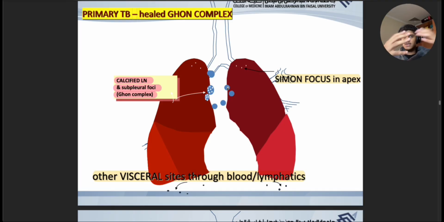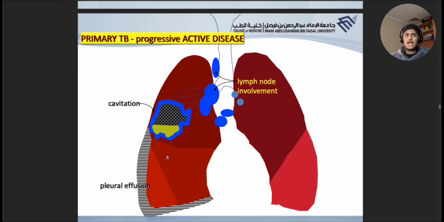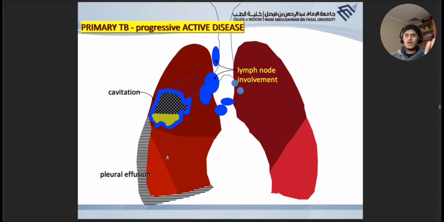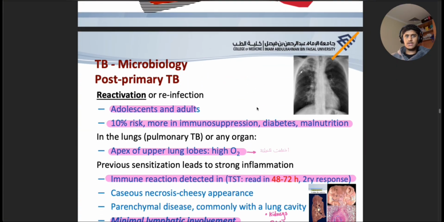So we have a calcified lymph node and an infected lung in the Ghon focus, and the Simon focus in the apex area, with much more spread to visceral sites through the blood and lymphatics. And the progression is really challenging, I would say, and really tough, with pleural effusion and even cavitations from the healing process that happens. Even the lymph nodes are really involved in this process.